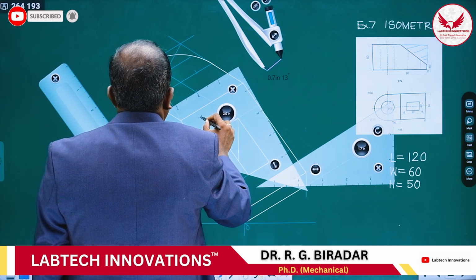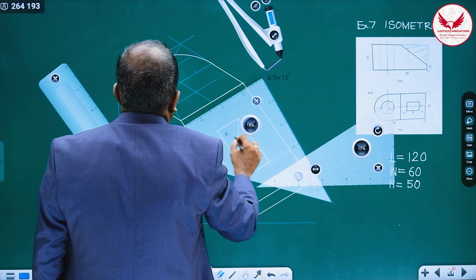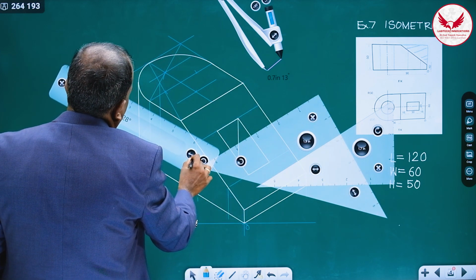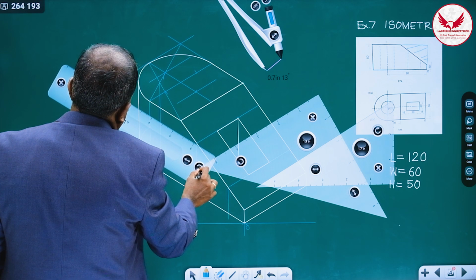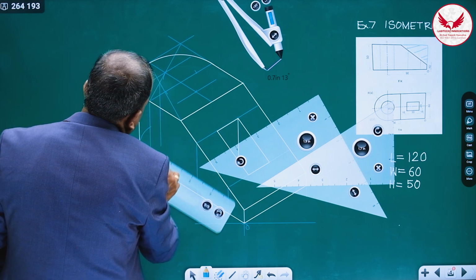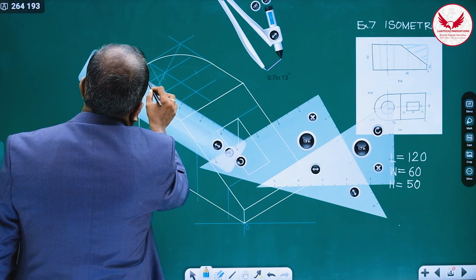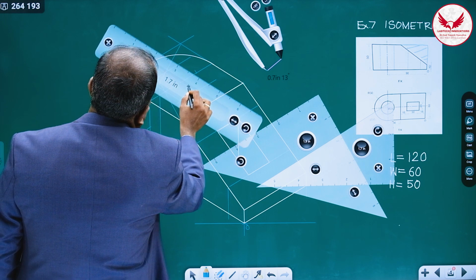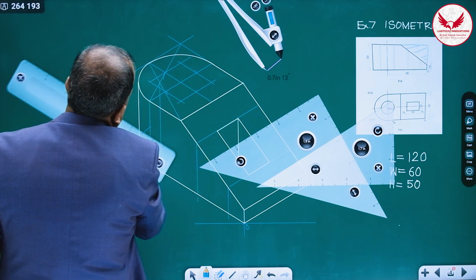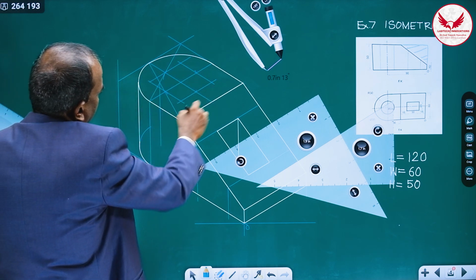From this also draw a parallel line to width, and for a line parallel to this edge, I'll mark through this point only, this line and this line. So I'll get the rhombus of 30 by 30, 30 side.